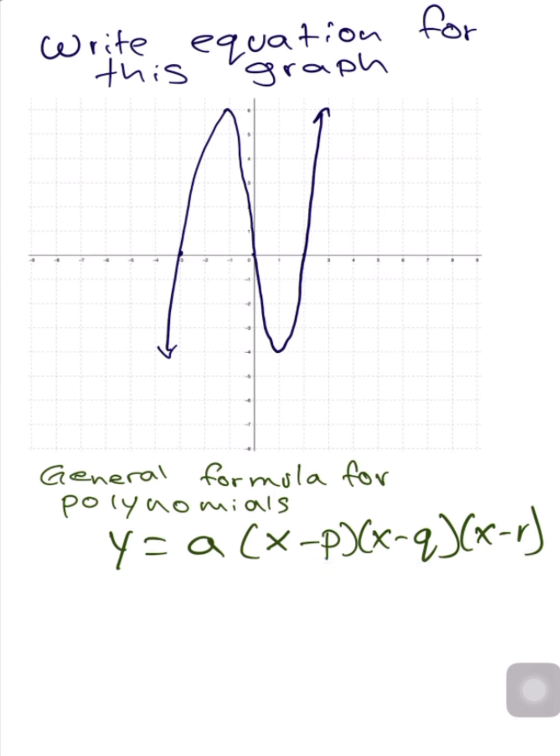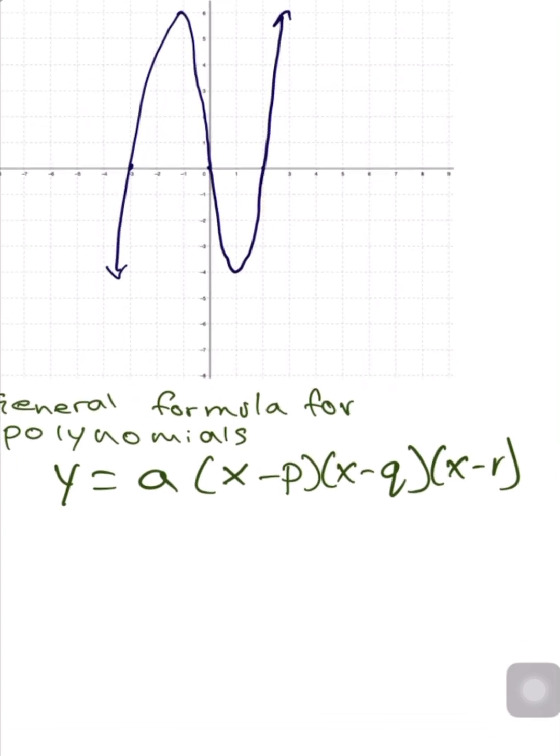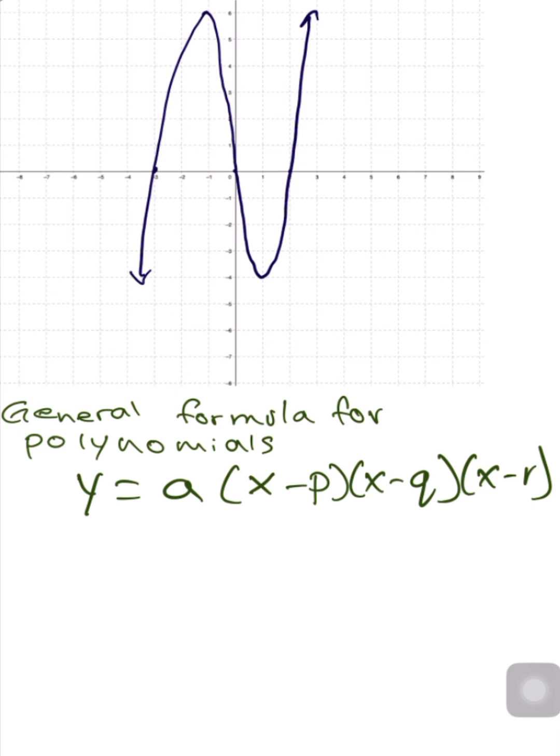Okay, so let's take a look at our graph. What's important is the x-intercepts. So I know I have an x-intercept at x equals 2. I have one at 0, and I have one at -3. So when you write it, you're going to do y equals a. You have an x-intercept at -3.